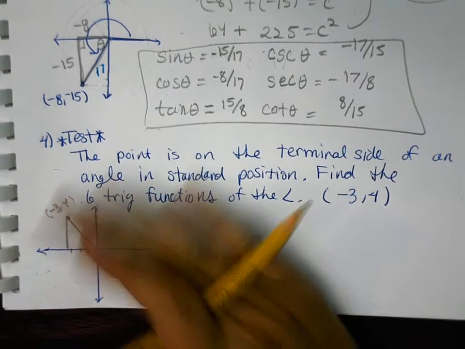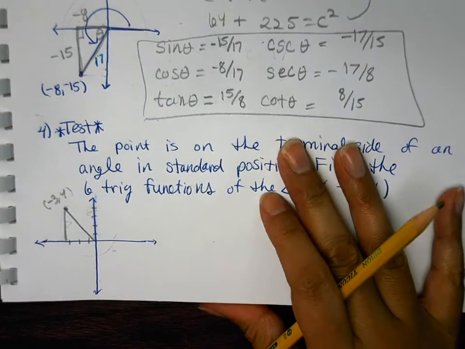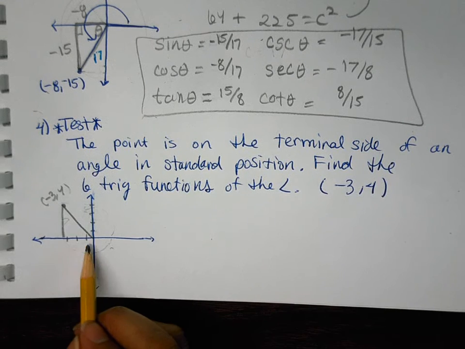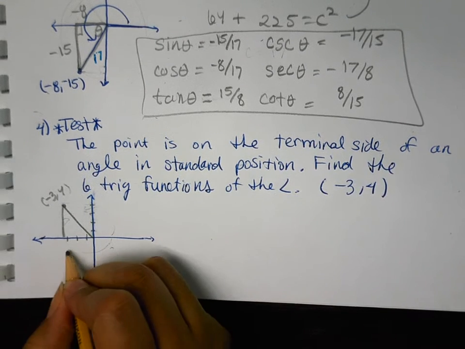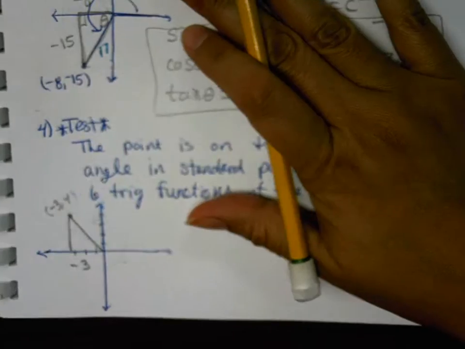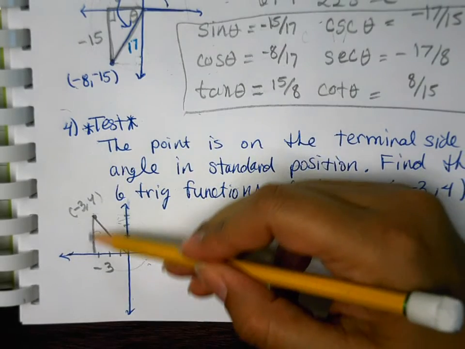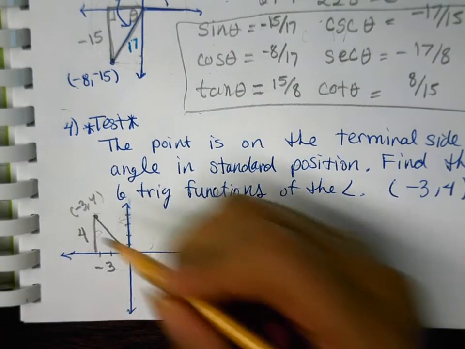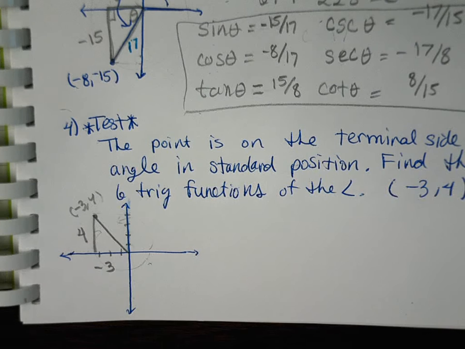Okay, do we have enough to label some sides? Yeah. What should go right here? -3. And what is my other leg right here? +4. And do you have enough to find the hypotenuse? Yes, remember your hypotenuse is positive. Go ahead and fill it in.